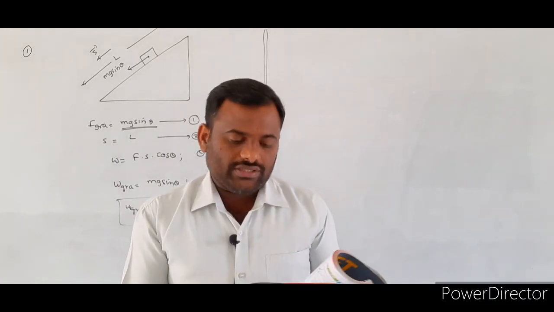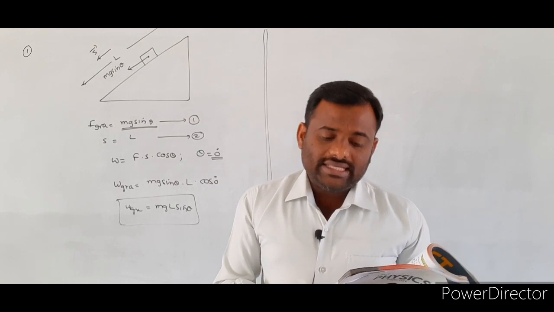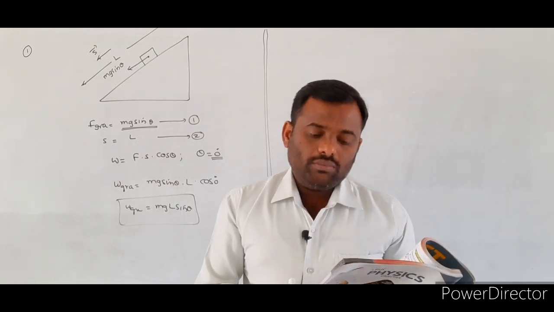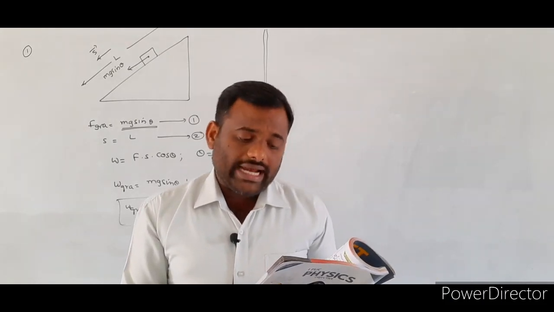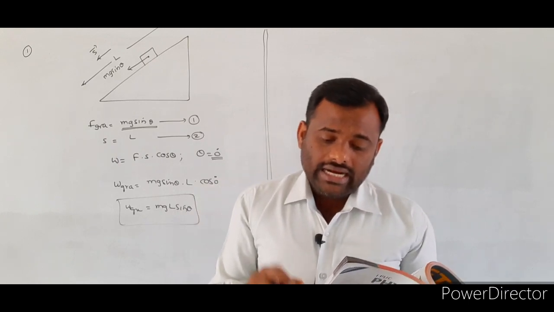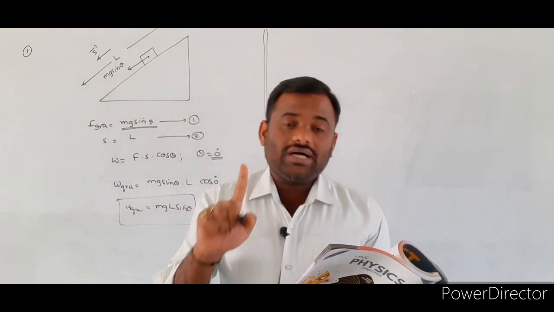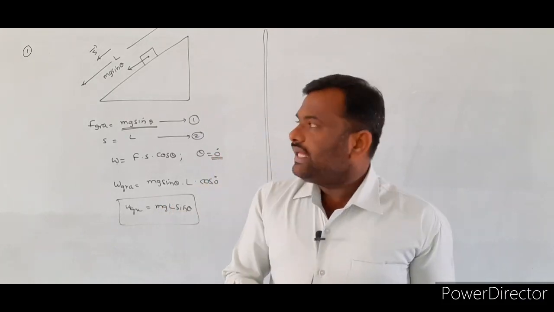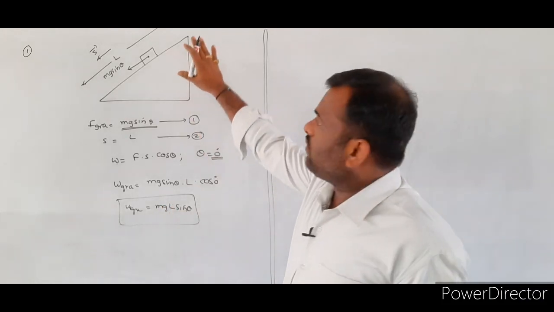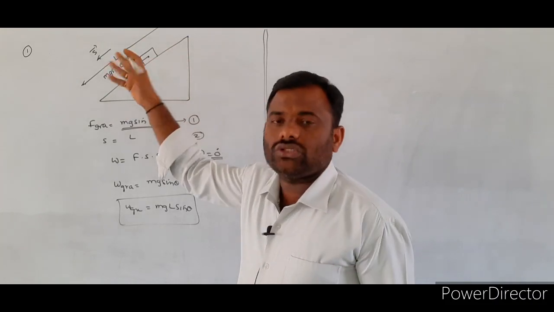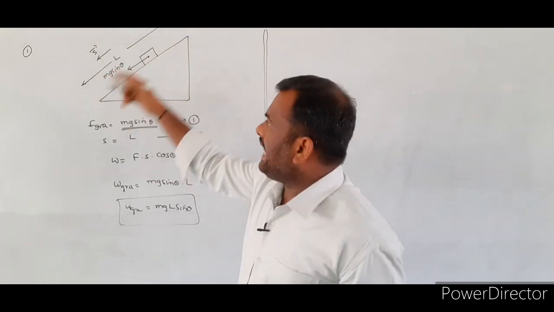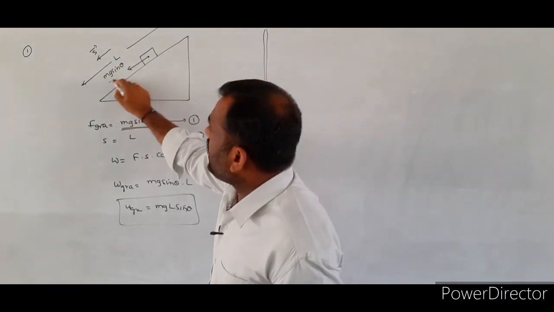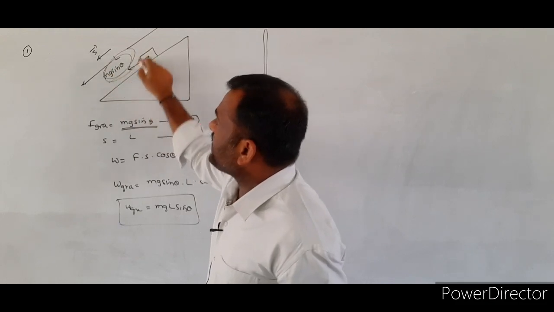The next application: a body of mass m is moving upward on a smooth inclined plane of inclination theta and length L by a constant horizontal force of capital F. In the earlier case, over the sliding down body there was no external force, and it slid down due to the component of the gravitational force only.